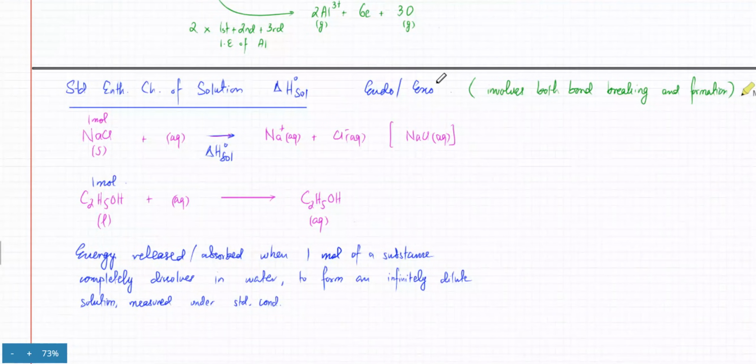If bond breaking requires more energy, then it's endothermic. If bond formation releases more energy, then it's exothermic, because the bond breaking part is endo, and the formation part is exo. So it's the sum of two processes having different energy signs.